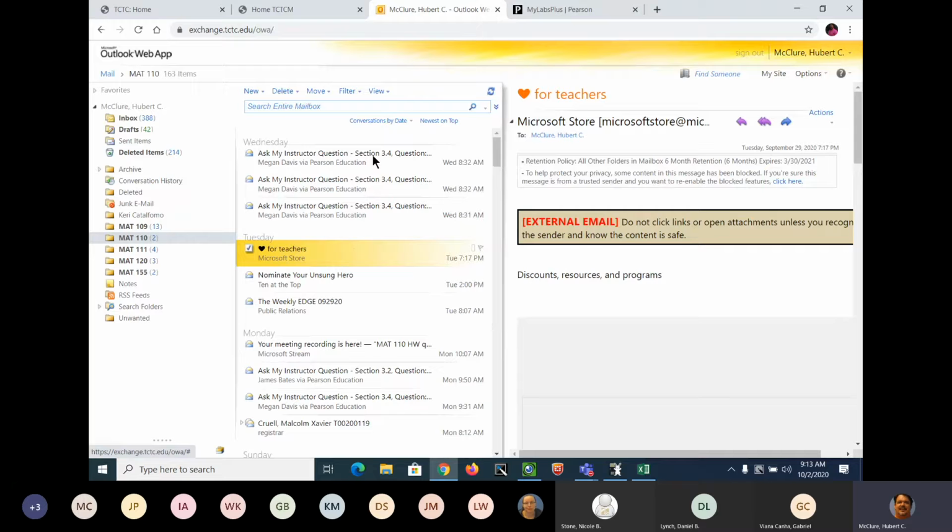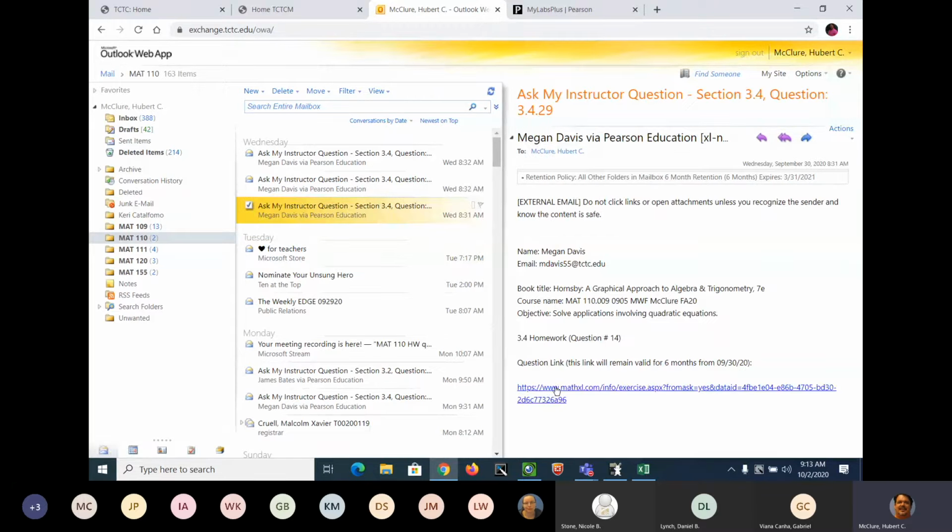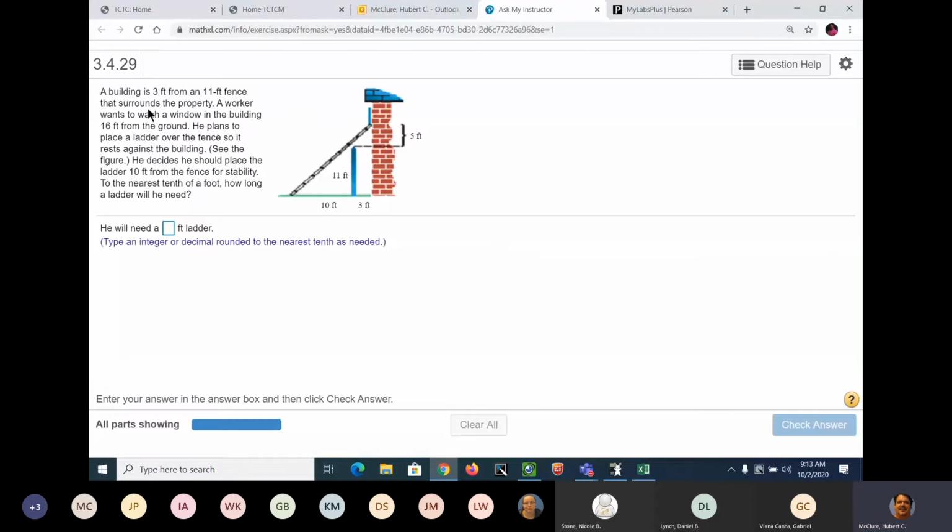And this one is 3.4, 29/14. Okay, a building is 3 foot from a 11-foot fence that surrounds the property. There's the building. There's 3 foot. A worker wants to wash a window in the building 16 feet from the ground.